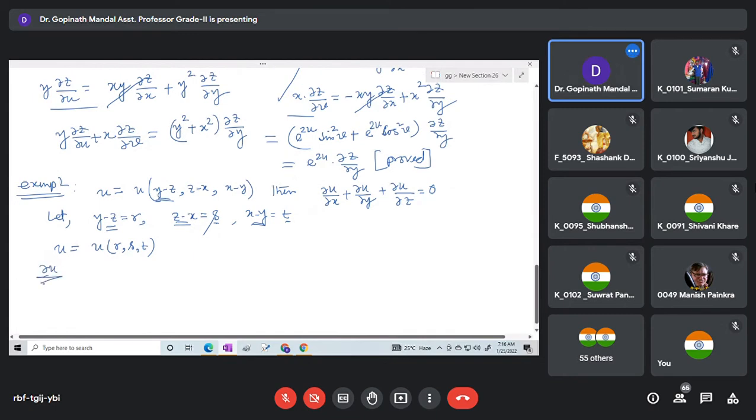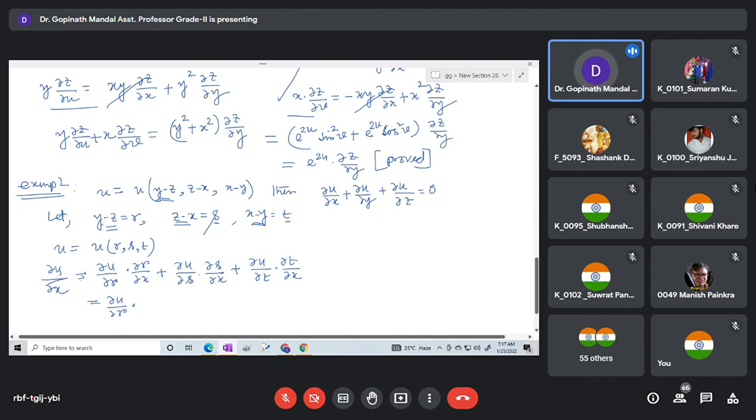So ∂u/∂x, since u is a function of r, s, t, this will be ∂u/∂r ∂r/∂x plus ∂u/∂s ∂s/∂x plus ∂u/∂t and ∂t/∂x. So ∂u/∂r into ∂r/∂x.